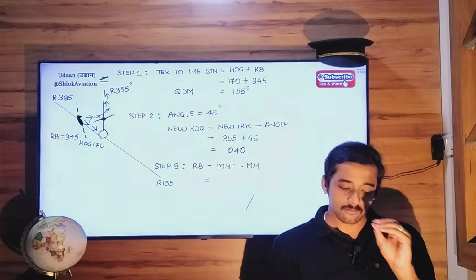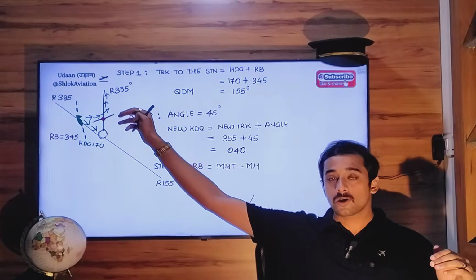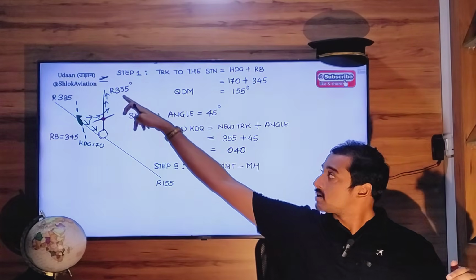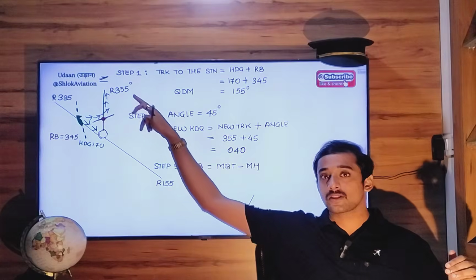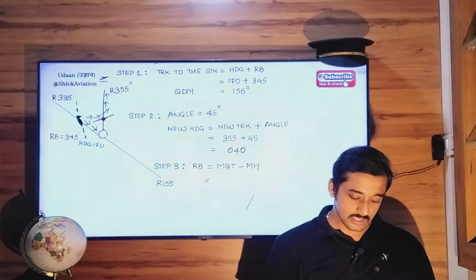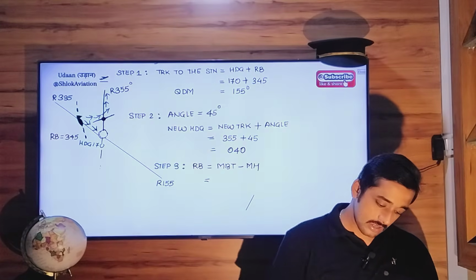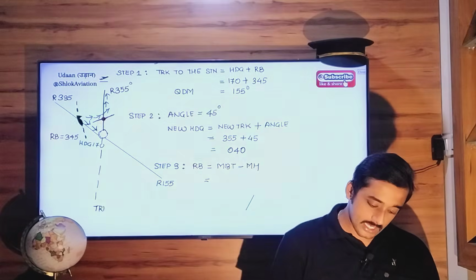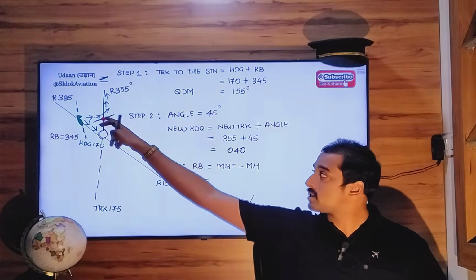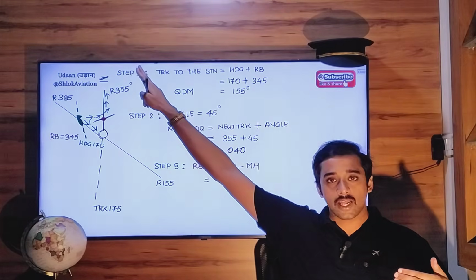So when you are positioned on radial or track 355 outbound, what will be the track inbound? Track inbound will be reciprocal of 355. Reciprocal of 355 is 175. That means from this position, if you want to go outbound from the NDB station, you can fly a track of 355.